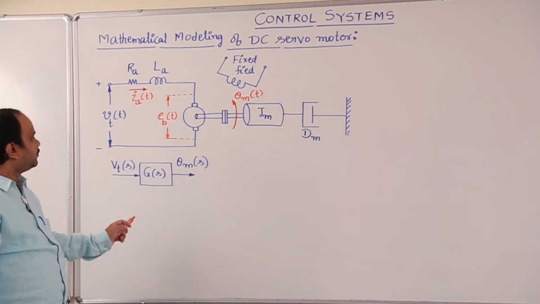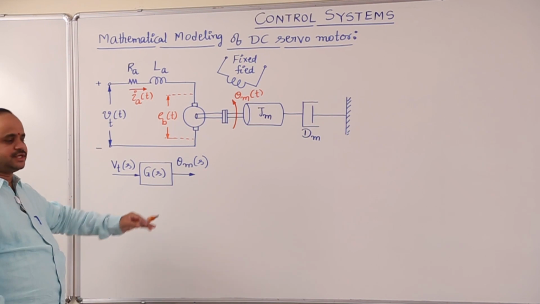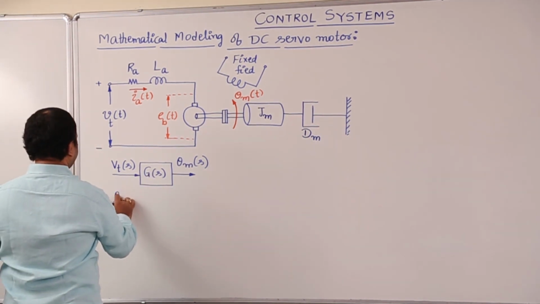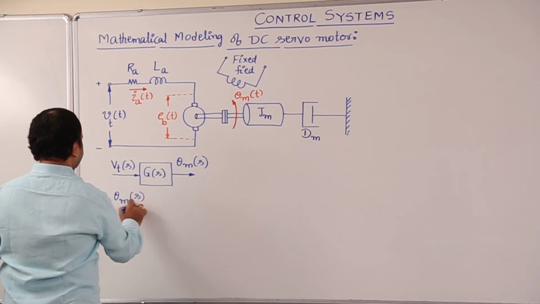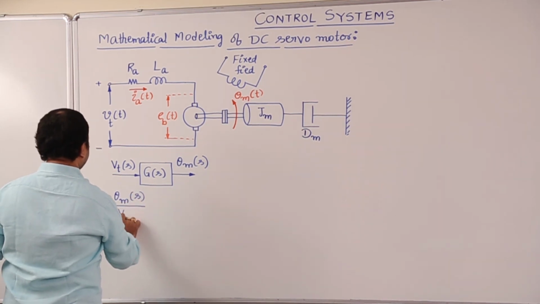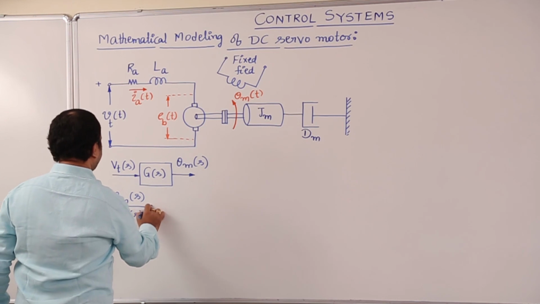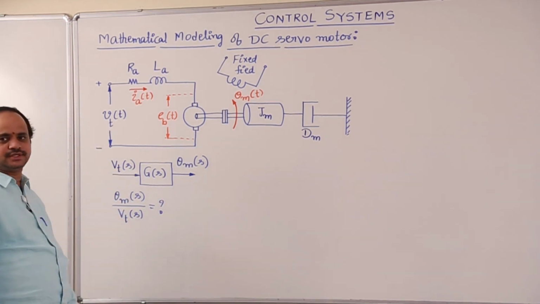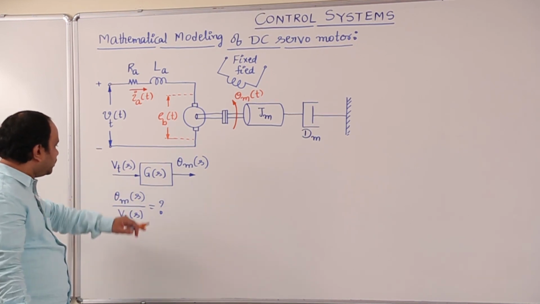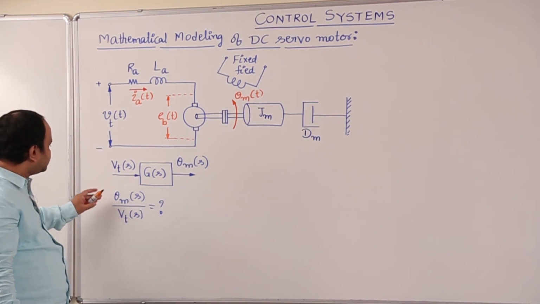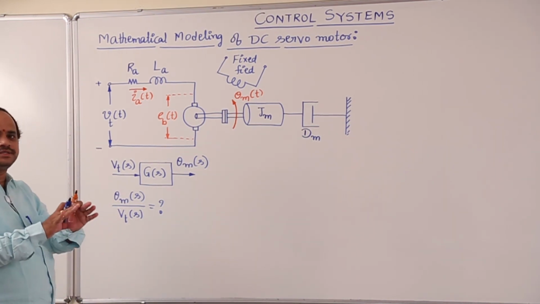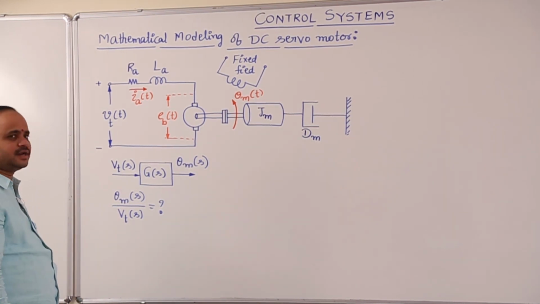After this discussion, we will find out the relation between theta m of s upon Vt of s. This is the objective of this discussion. By the end of this discussion, we will see that this transfer function is a somewhat standard second order transfer function.